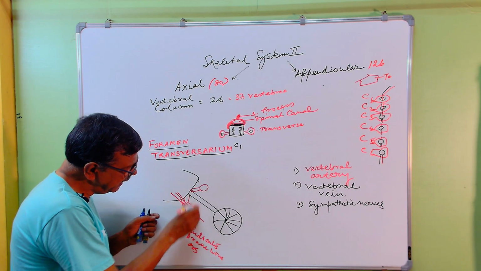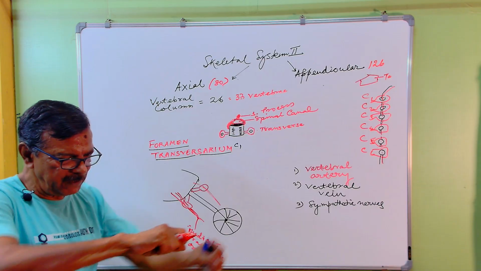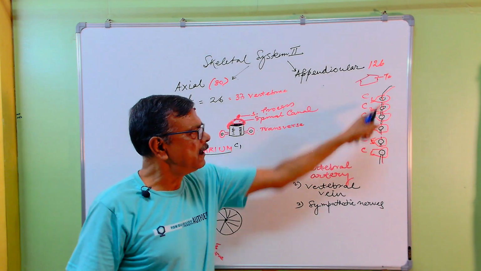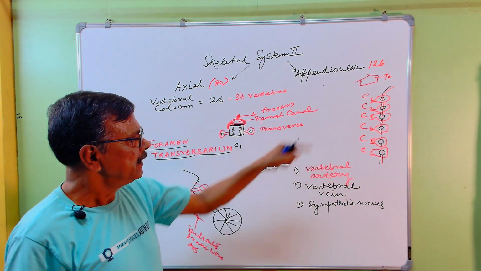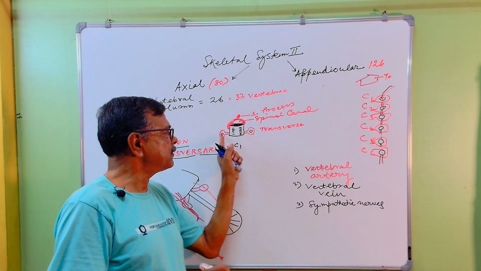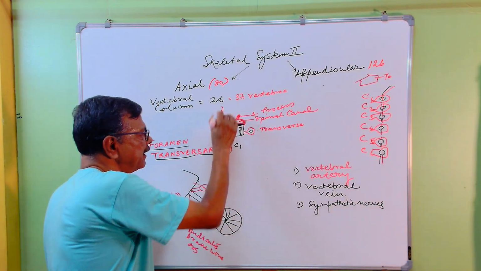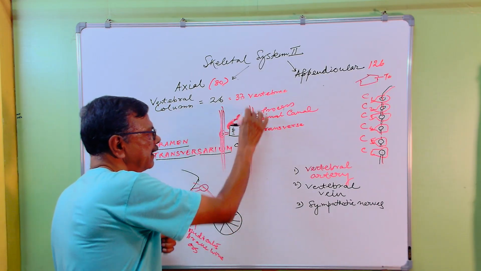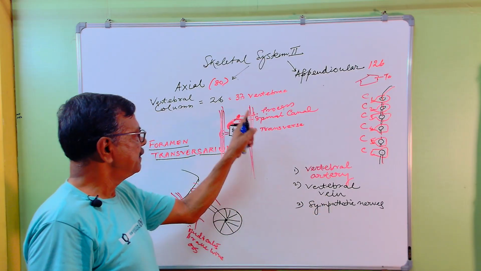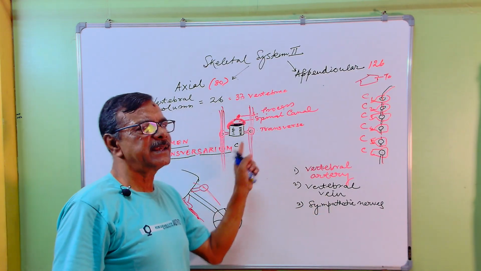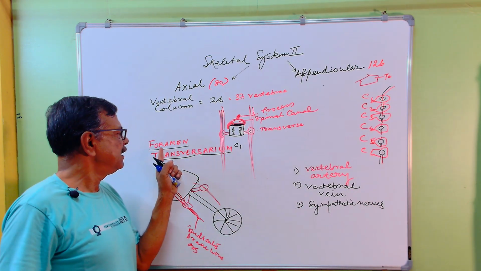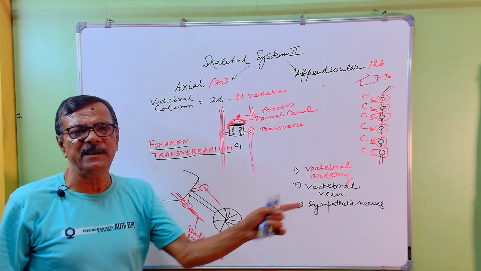They pass through this side and this side, so whenever there is tilting, the wire does not get hampered. Similarly, on both sides artery, veins and nerves pass, which is available in cervical vertebra only, known as foramen transversarium.